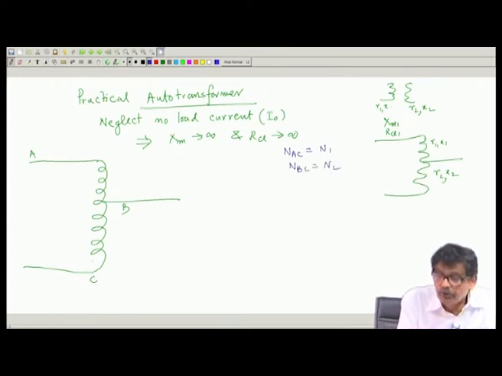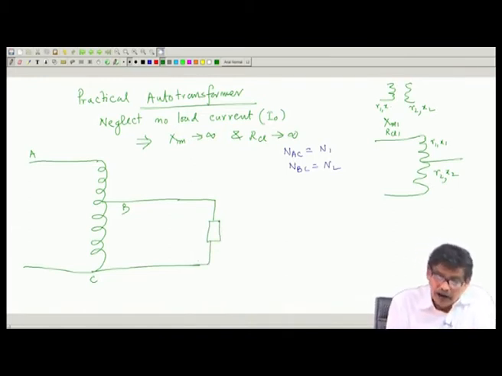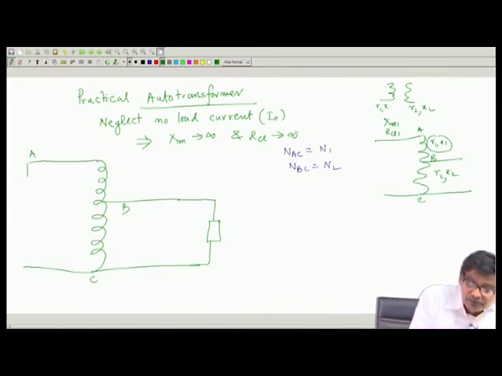And these two are my output where I will connect the load. Now, I am saying that this portion A B has a resistance R 1 and X 1, and this portion B C has a resistance R 2 and leakage reactance X 2. And here I am applying a voltage V 1.